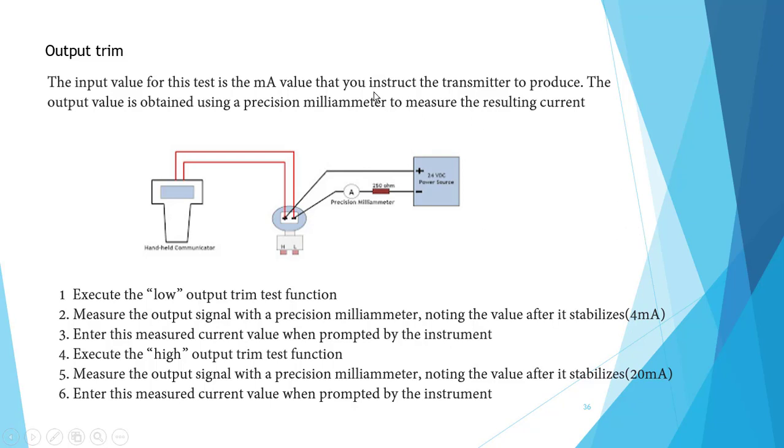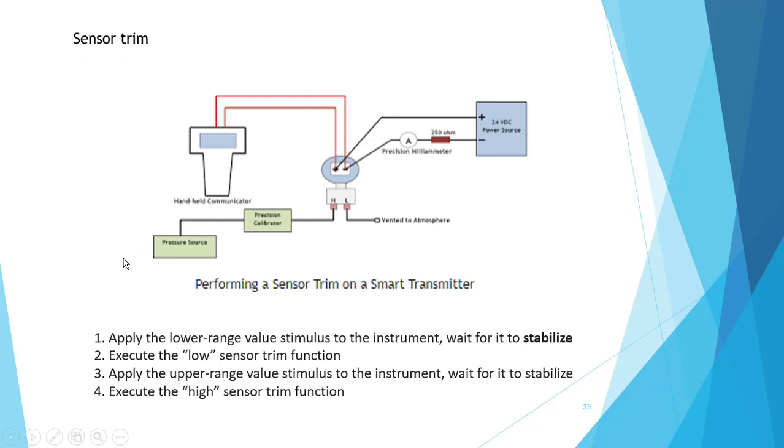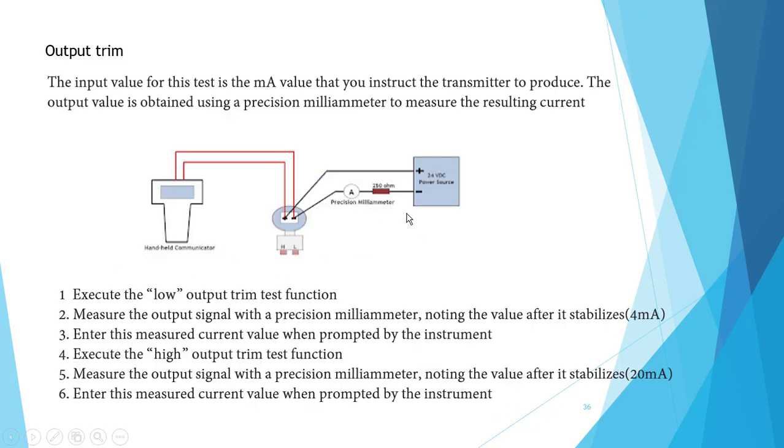The output value is obtained using a precision milliamp meter to measure the resultant current. First, you don't need any connection, no pressure source or anything. Just execute the output trim test function and measure the output signal with a precision milliamp meter.